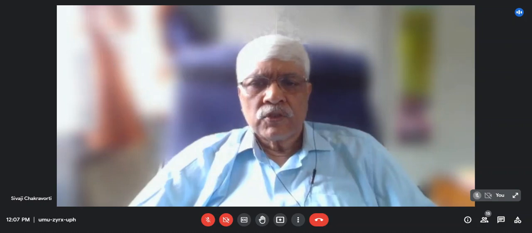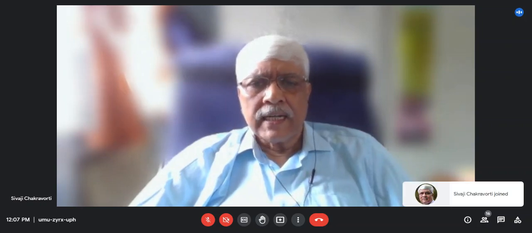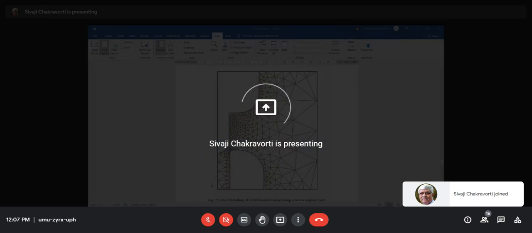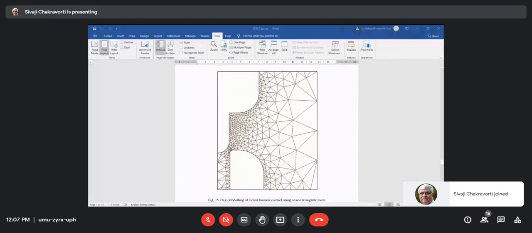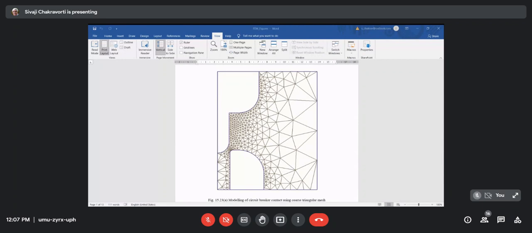So once again I'm showing you today's diagram. Now it will be coming on your screen again. Now you can see the circuit breaker contacts. These are the two circuit breaker contacts. We are mostly concerned about this, not about what is happening far away.